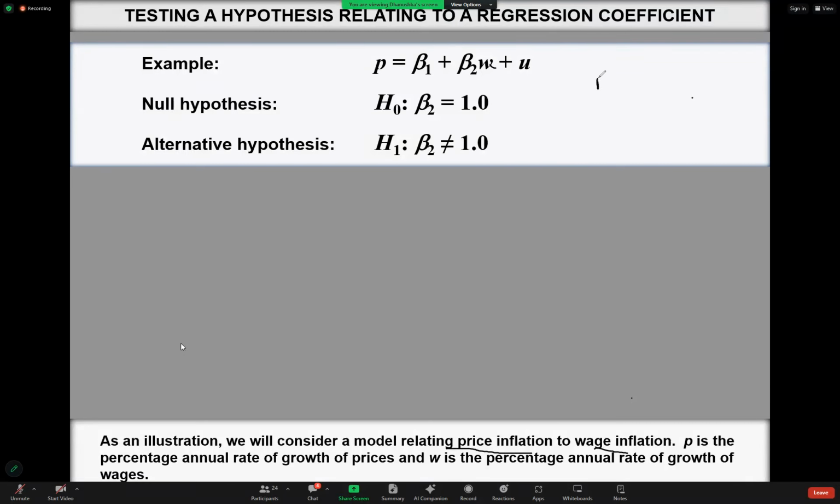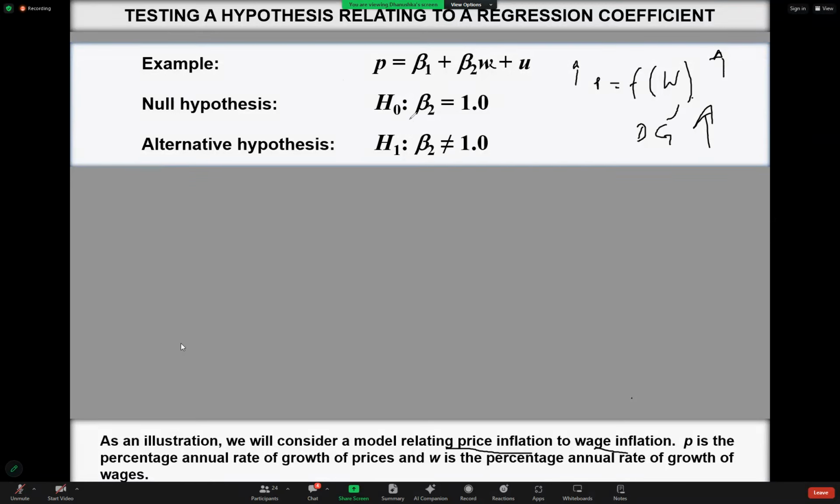We assume inflation P is a function of wage increase. If the wage increases, what will happen to the price? The price also increases. How? When the wage increases, the demand for goods increases. When demand for goods increases, if the supply does not increase, then the price will increase.